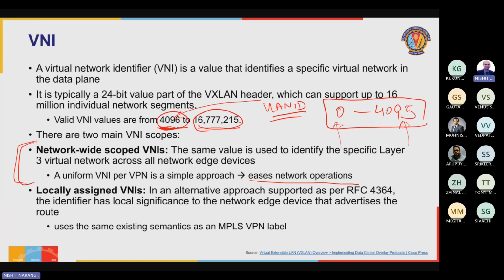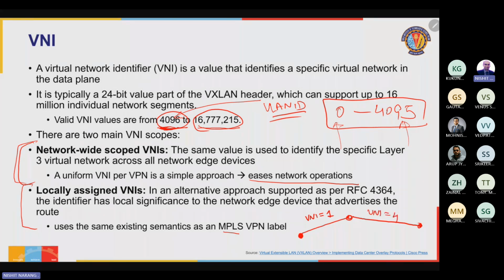But there is also a concept of locally assigned VNIs, which uses the semantics of a general switching network. In switching, such as a circuit switch network, an MPLS network, or ATM switch networks, generally you have locally switched identifiers. So you say, I use an identifier VNI equal to 1 to denote a virtual network on one interface, but on the next link, I can switch the value to VNI 4.